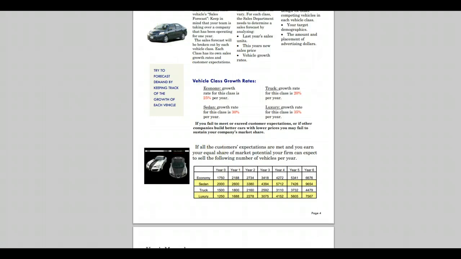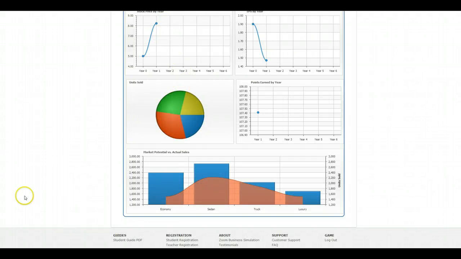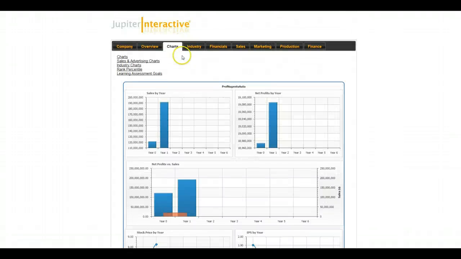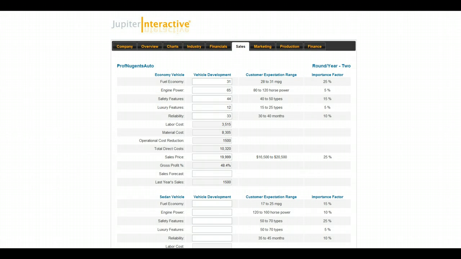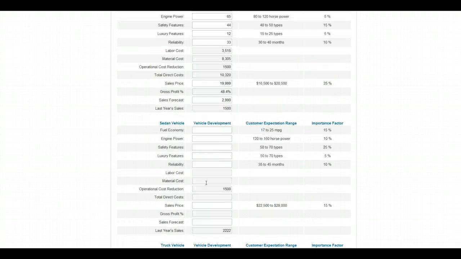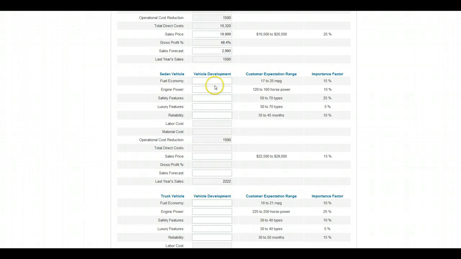Okay, so I'm going to make those calculations, and let me get back to my sales page. I'm going to enter here 2990. That's an increase. And let's do the sedan class. Remember, I'm just going to put my forecast in first, which I already calculated. Now, the importance factor is important.